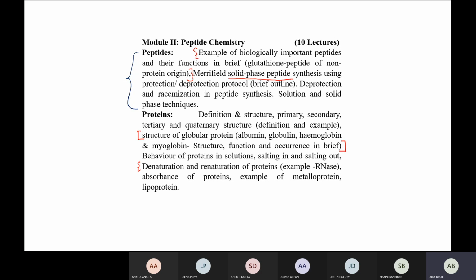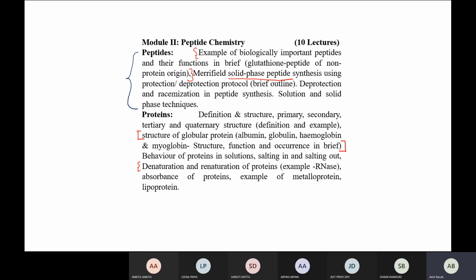That is the consequence of losing the native structure, that the function goes off. Whatever function it is doing, whether it is a catalyst, a hormone, or whatever it is. So this unfolding or denaturation basically kills the activity of the protein.